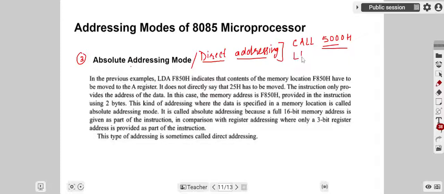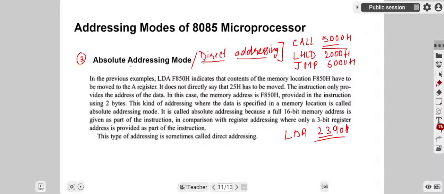Okay, LHLD 2000H, JMP 6000H, LDA 2390H. These kind of instructions where a direct 16-bit address is provided with the instruction fall under the category of absolute addressing mode or direct addressing mode.